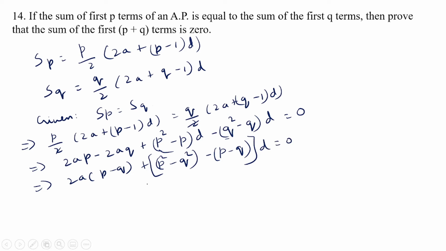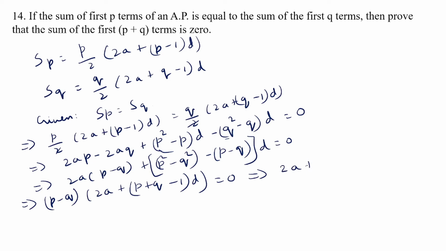This is equal to 0. So here we can see that we can write it as (p plus q) into (p minus q). So p minus q is common in this whole equation, so that can be taken outside. So (p minus q) into (2a plus (p plus q minus 1) into d) is equal to 0. Or we get 2a plus (p plus q minus 1) into d equal to 0. Let us mark this as equation 1 and keep it here.